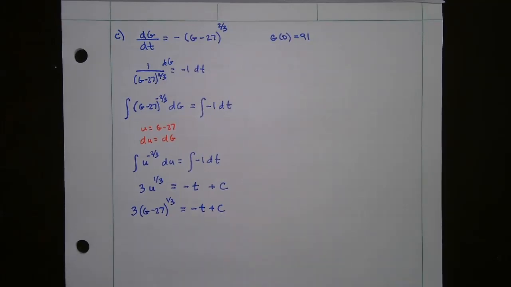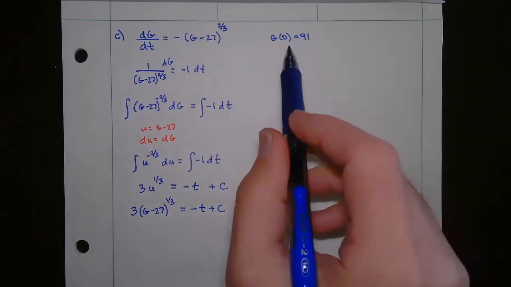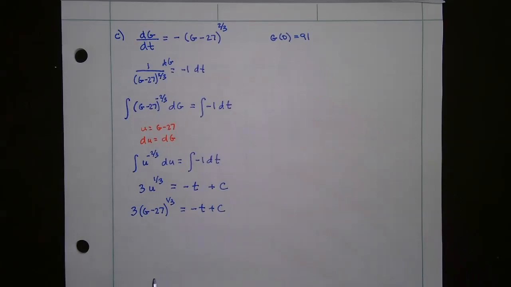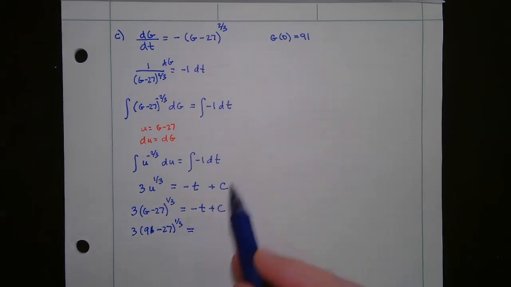Now, for this problem, I think I would find the c right now, okay? So you have two options. Get g by itself and then plug the 0, 91 in, or the other option is to go ahead and plug it in right now and figure out what c is. That's what I'm going to do. I just think it's going to be a little bit easier, okay? So this is going to be 3 times 91 minus 27 raised to the 1/3 is equal to, because this is going to be 0, right?